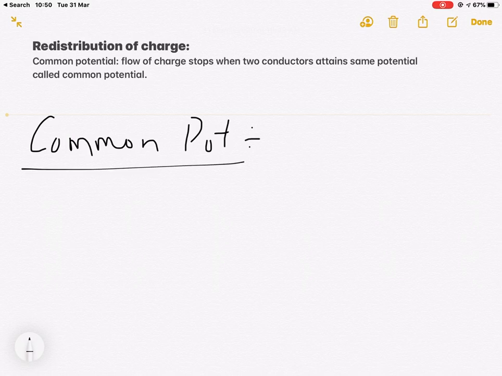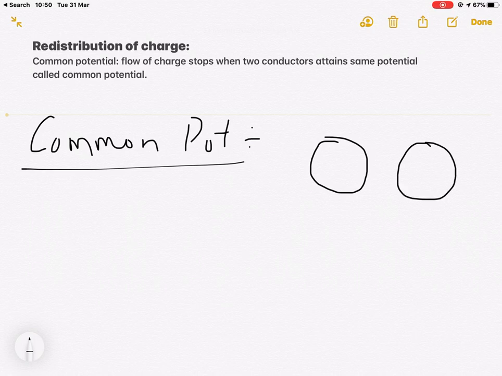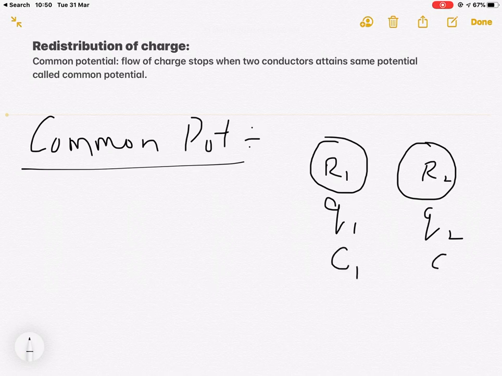So we are starting with common potential. Now here we will be taking example where we have two spheres carrying charges Q1 and Q2. Radius of two are R1 and R2 and having capacity C1 and C2.